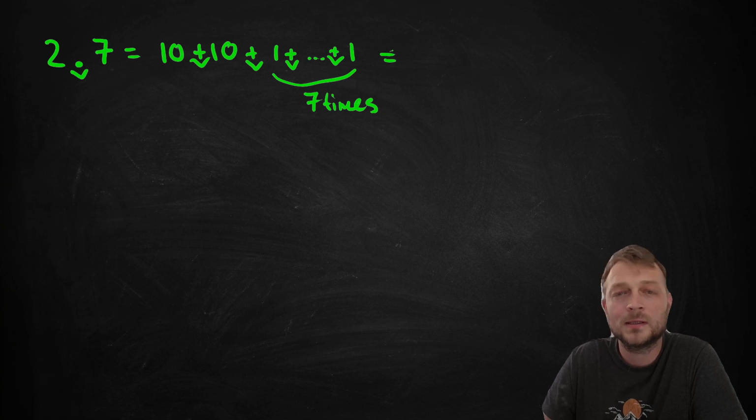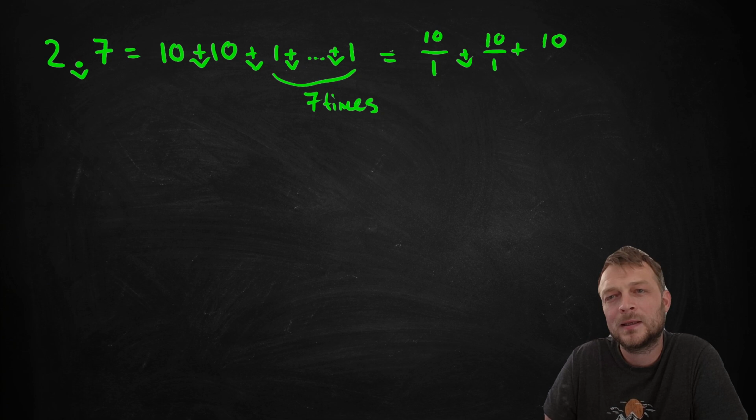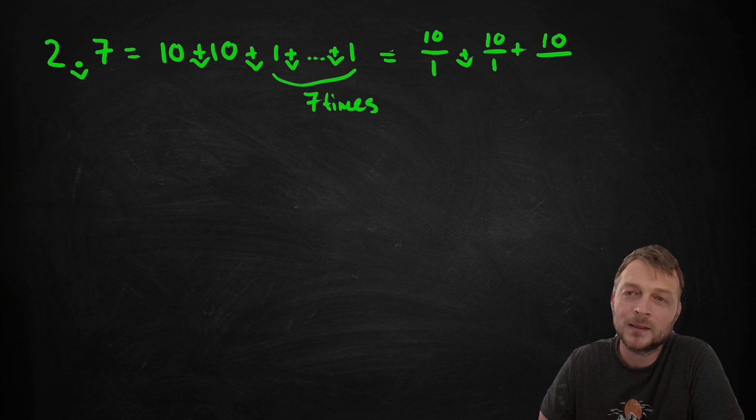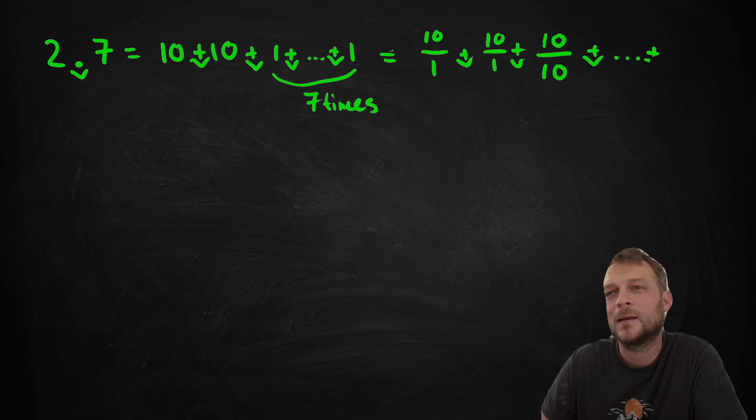So we need to consider this as 10 over 1 plus 10 over 1 plus 10 over 10, 7 times, right?